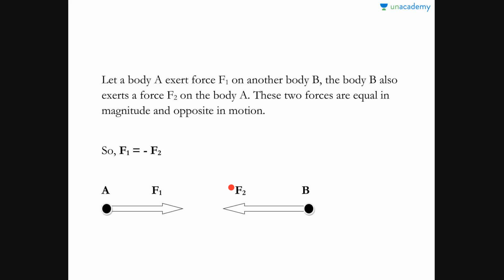Because one of these forces is the action, the other force is the reaction. So the mathematical formulation is F1 is equal to the negative of F2. The negative sign implies that the forces are opposite in direction. Now these are in bold because these are vector quantities. So they're equal in magnitude but opposite in direction. That's why we have the negative sign.